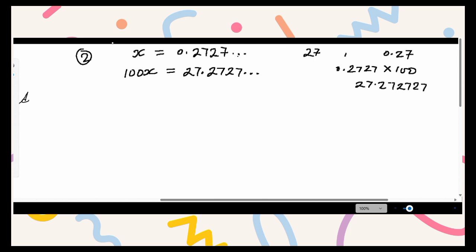That is why I'm having these 3 dots, right? Okay, now let's subtract the x from 100x. So when we do that, we're going to have the 100x is 27, right?